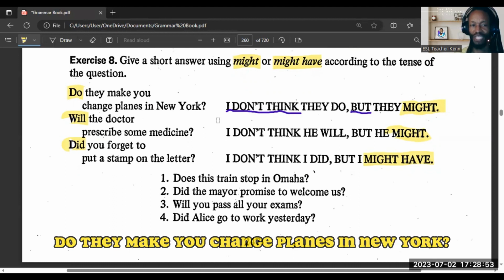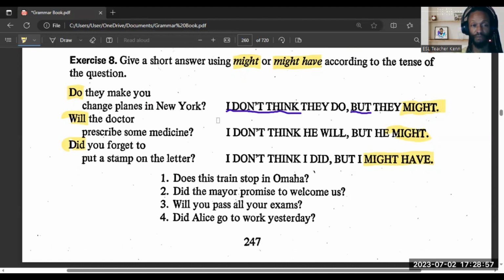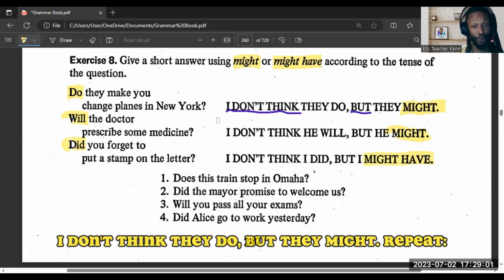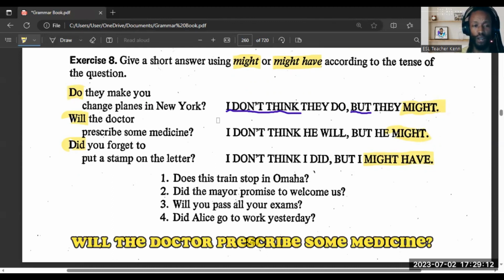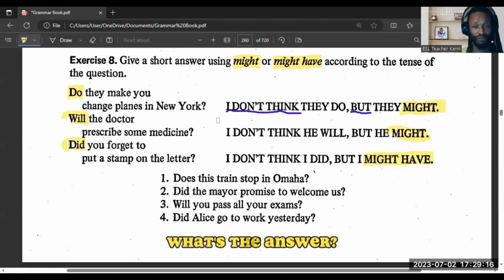Do they make you change planes in New York? I don't think they do, but they might. Repeat. Will the doctor prescribe some medicine? What's the answer?